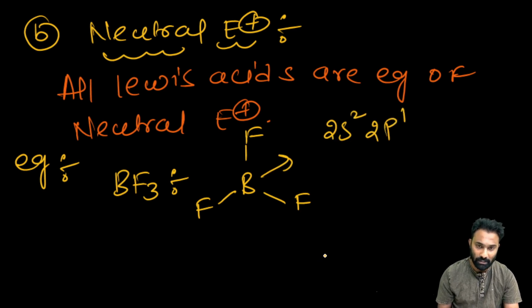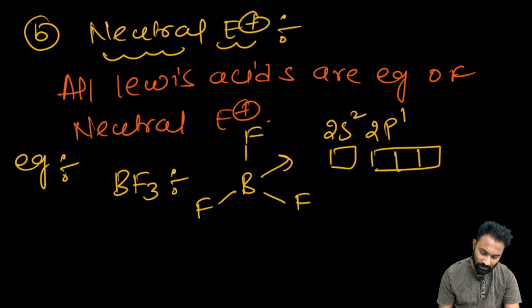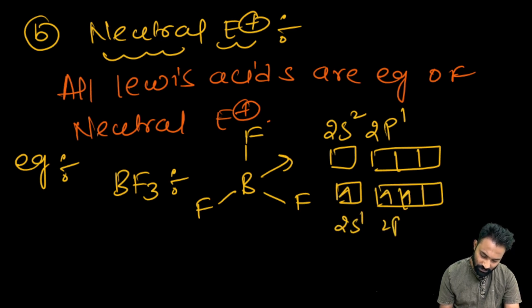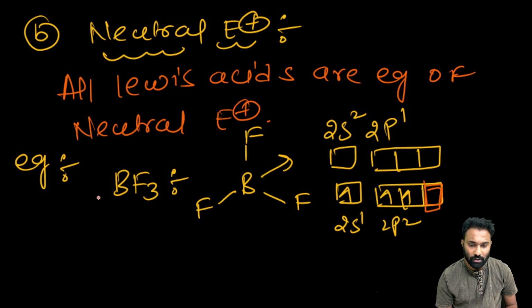In the excited state the configuration is 2s1, 2p2. Now for this boron, one p orbital is empty. This is neutral, there is no charge on BF3, but even though there is no charge, it is acting as a Lewis acid.